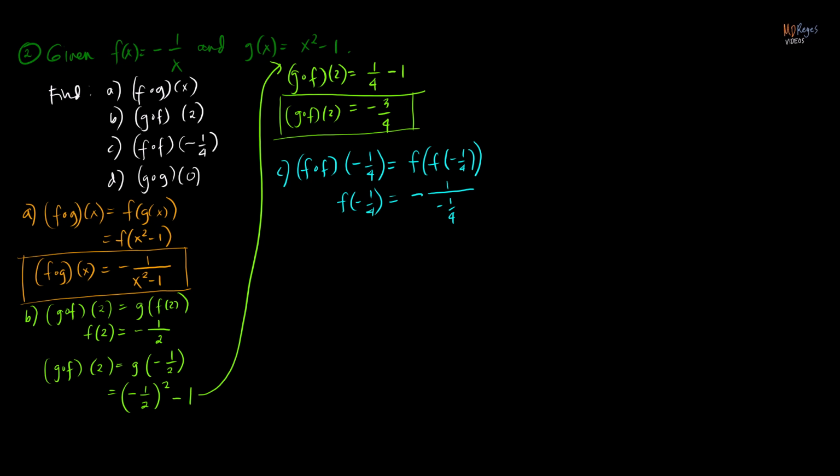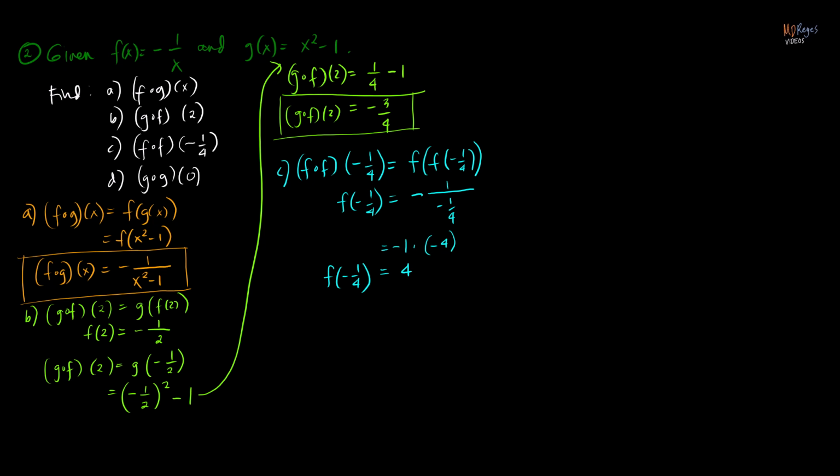Okay, so how do we divide fractions? We proceed to multiplication after getting the reciprocal of the denominator. So the numerator is -1 times the reciprocal of -1/4, which is -4. So what is -1 times -4? It's +4. So this is f of -1/4. Now this is not yet our final answer because we want f circle f of -1/4.